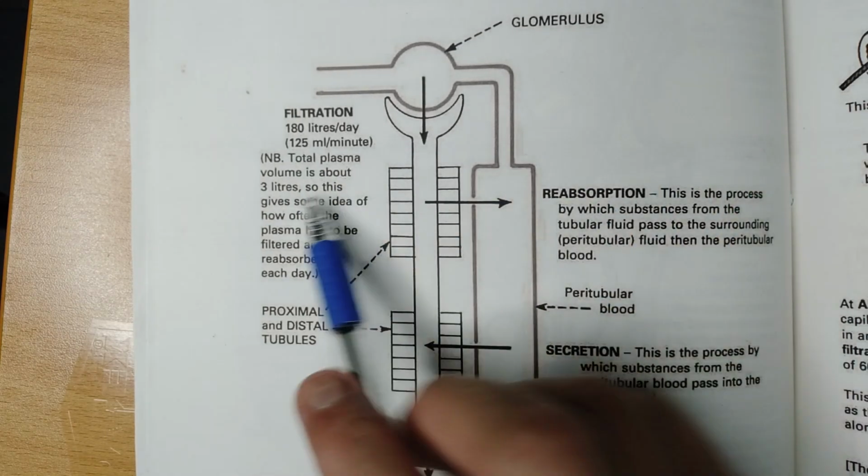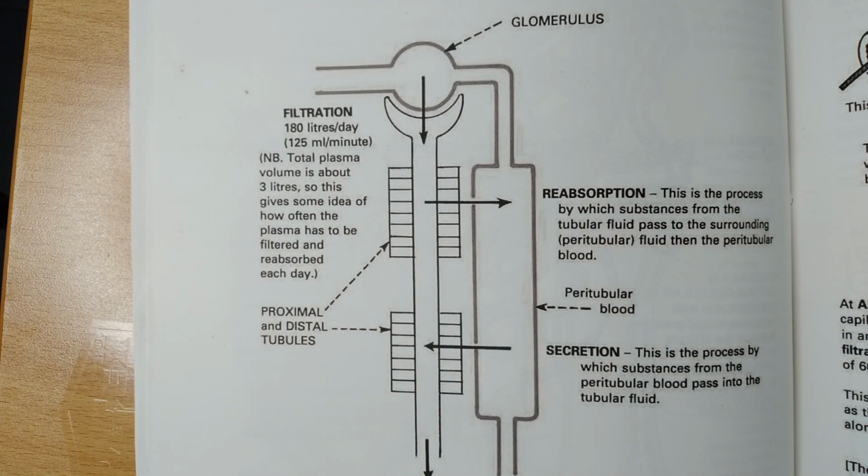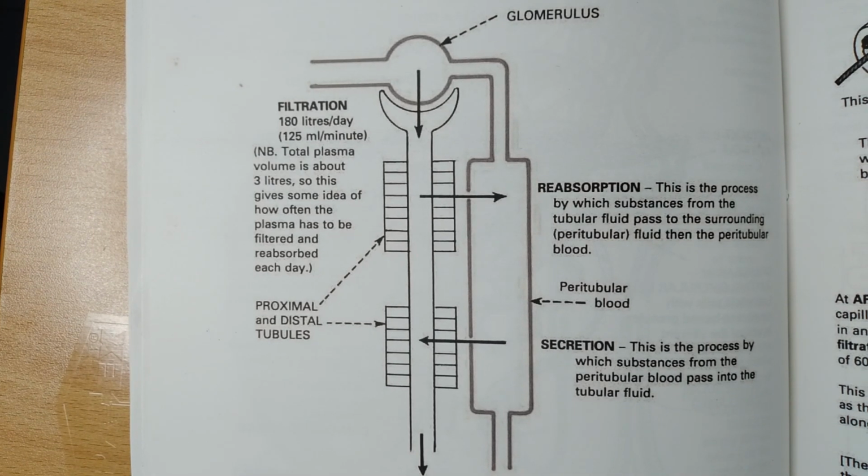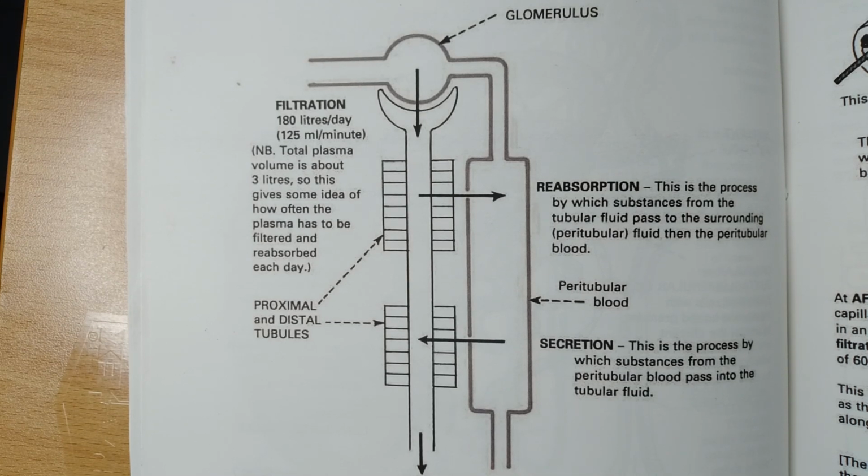So, we can see that 180 liters of fluid per day is filtered through the glomerulus into the Bowman space, into the proximal tubule, and as we know the renal blood flow is 125 ml per minute. The total plasma volume is about 3 liters. It gives us some assessment of how much plasma has to be filtered on a daily basis.